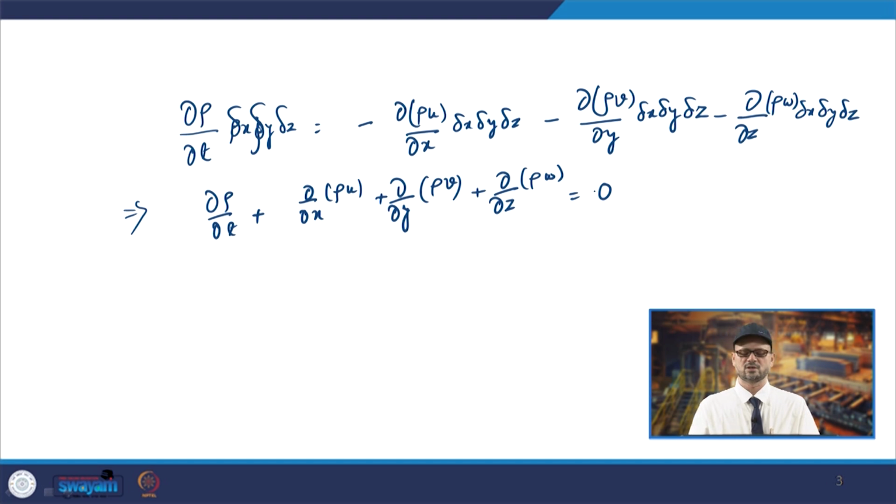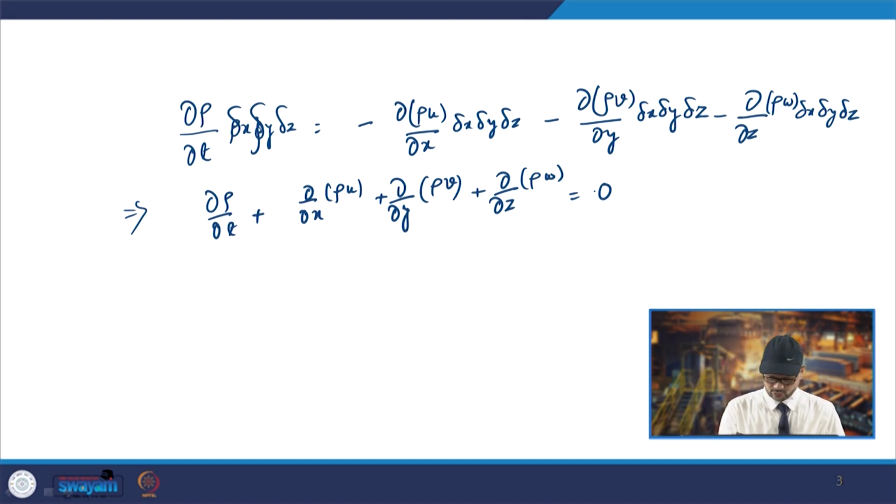So this is what you get. This equation is known as the conservation of mass, the mass conservation equation.